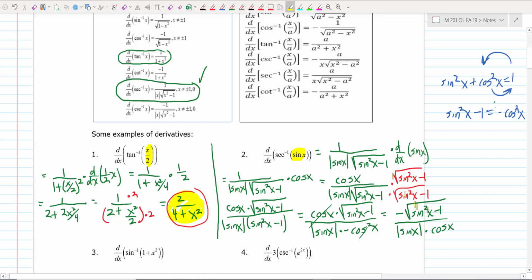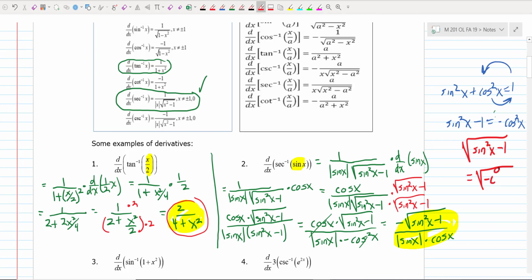Okay, and there's not one answer to this problem. This is just the simplifying that I chose to do. The other thing that I wanted to show you on this, if you were working with the square root of sine squared x minus 1, well, it is true that that's equal to the square root of negative cosine squared x, okay?